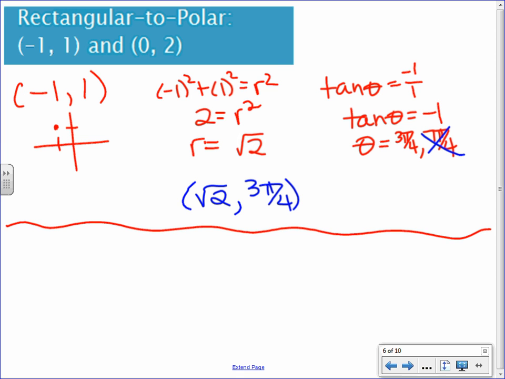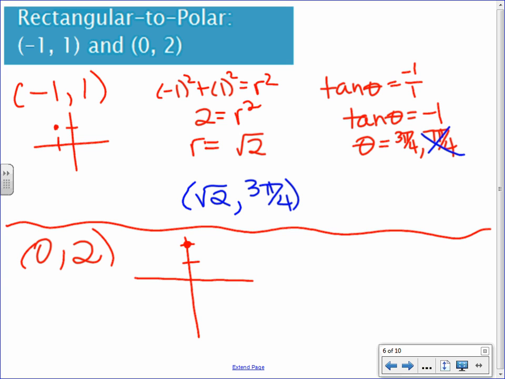Okay. Next, we have the point 0, 2. This sits on an axis, doesn't it? When it sits on an axis, let's think about the picture. When it sits on an axis, we don't necessarily need to go through the plug and chug of our conversion. 0, 2.